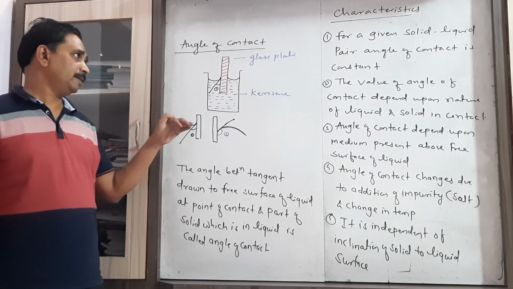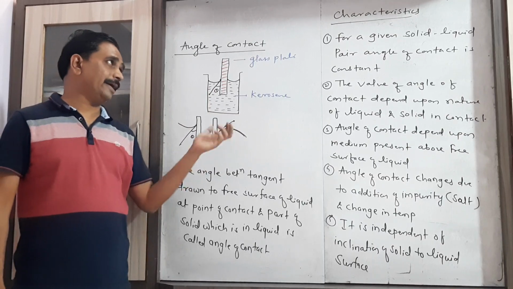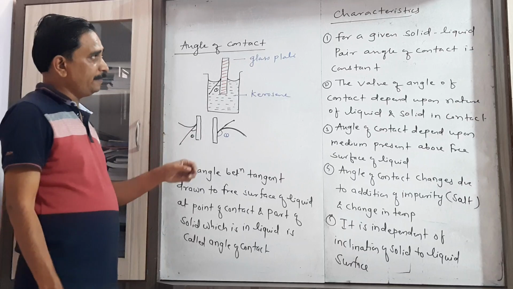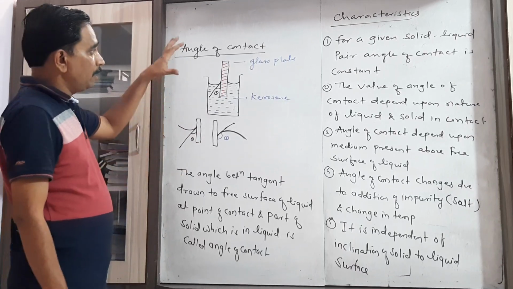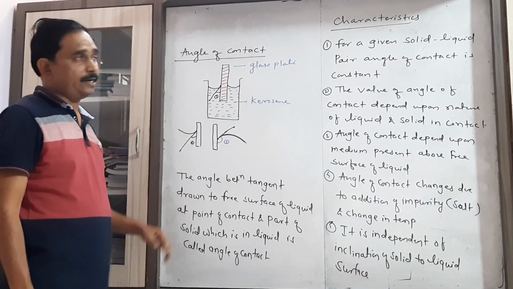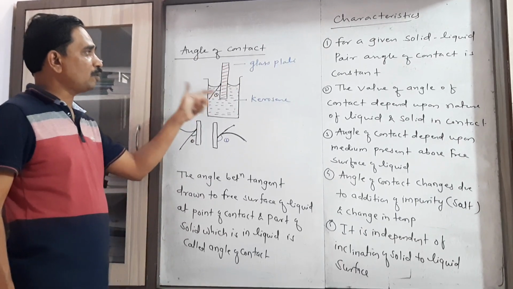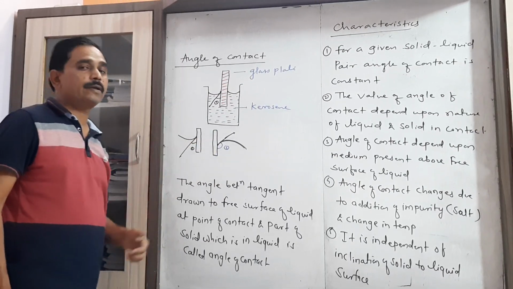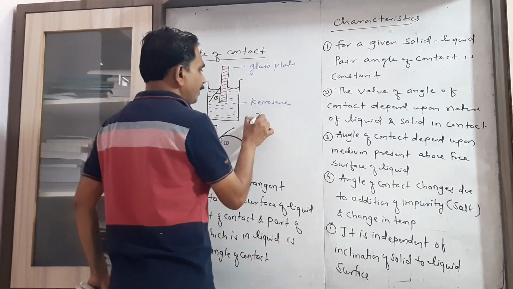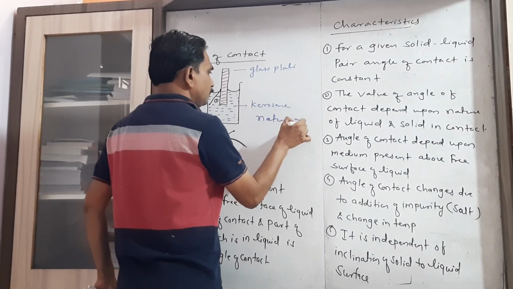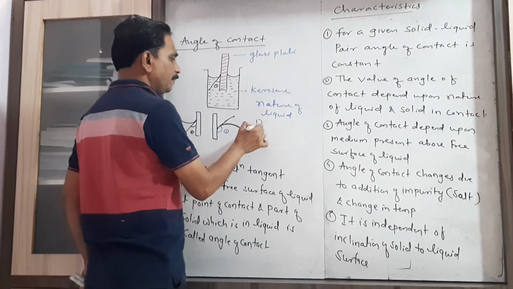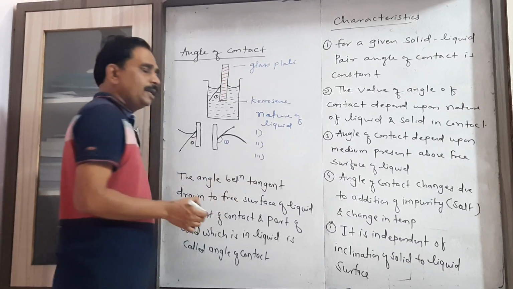Now let us consider what we mean by angle of contact and its characteristics. Now when any solid is inserted in a liquid which is taken in a container, it means when any solid is in contact with the liquid, depending upon the nature of the liquid, generally we have to consider three liquids.